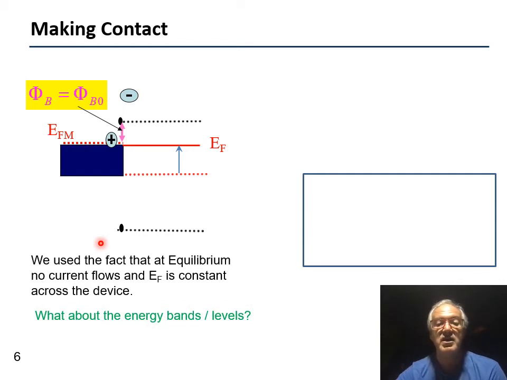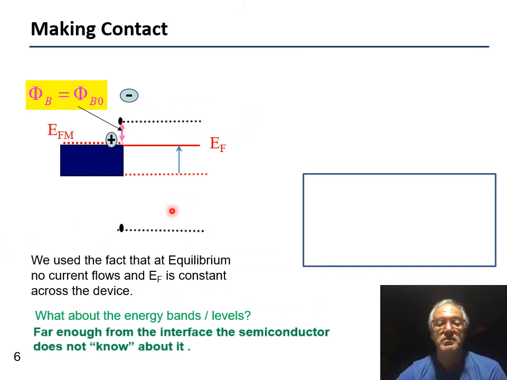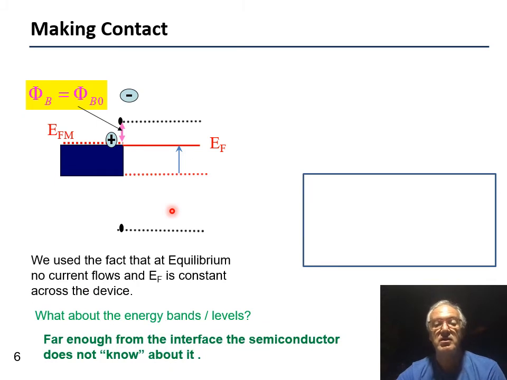And the question is, what about the energy levels or the bands, how would they look when we go far from the interface? So basically what we usually do is we say that when we attach two materials to each other, there is this interface where they are touching, and close to this interface there will always be some kind of interference or some kind of effect between the two.